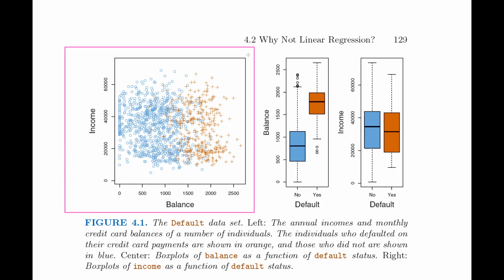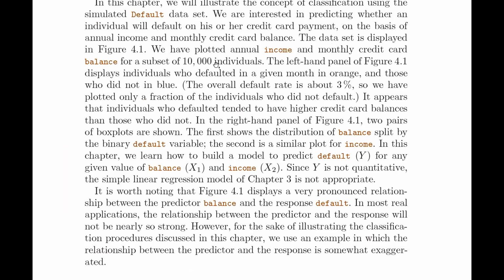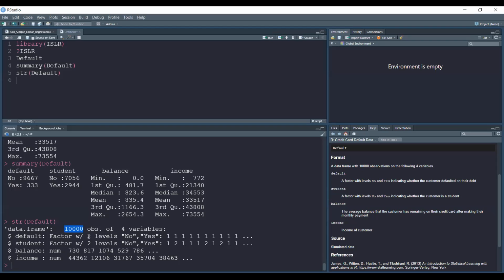Let's see, can we do this in R? I don't know how, so hopefully it explains it over here. Let's see. We have plotted annual income and monthly credit card balance for a subset of 10,000 individuals. Is that the data that we have? Is it 10,000? Yes. So we have 10,000 observations.